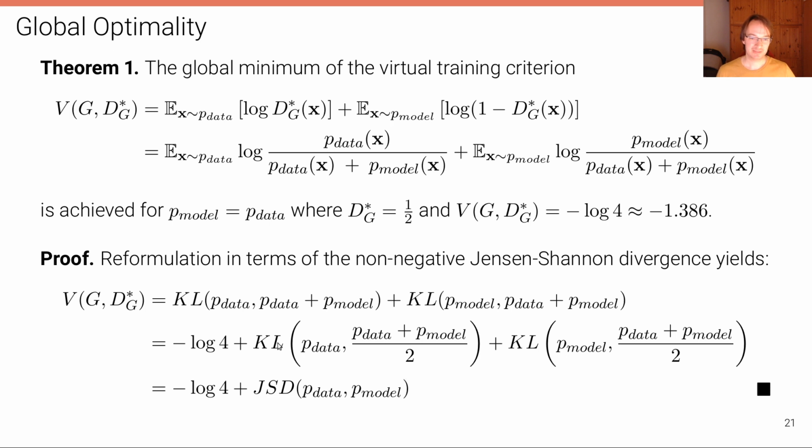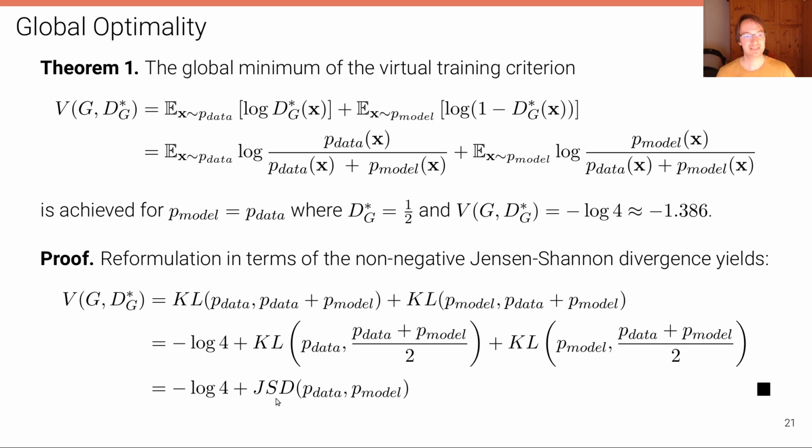Now, if we inspect this expression here, we see that the expression on the right-hand side is equal to the definition of the so-called Jensen-Shannon divergence between the data distribution and the model distribution. And because the Jensen-Shannon divergence is a divergence, we know that it is bigger or equal to 0. And it's 0 exactly if the data distribution and the model distribution are the same.